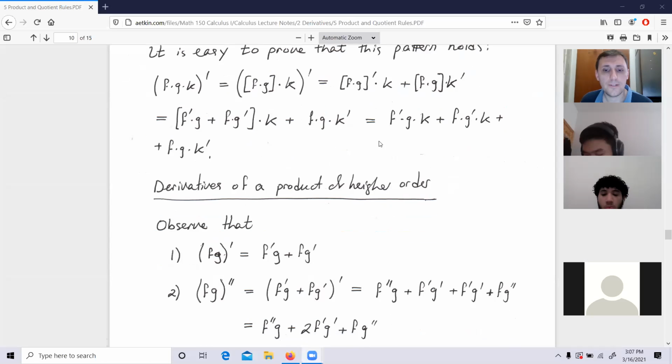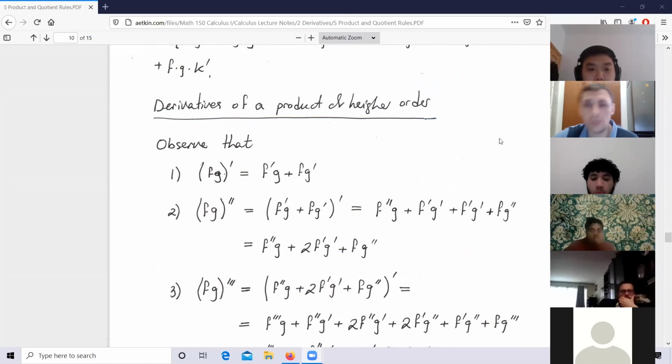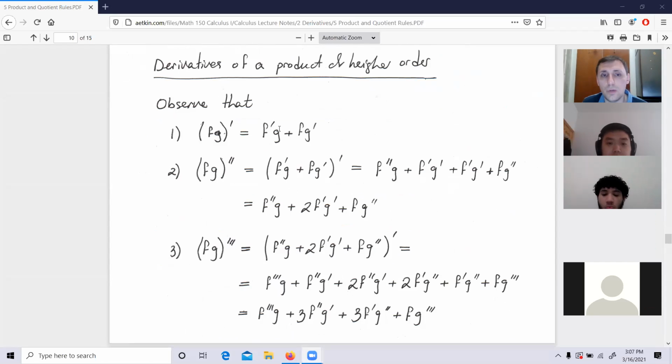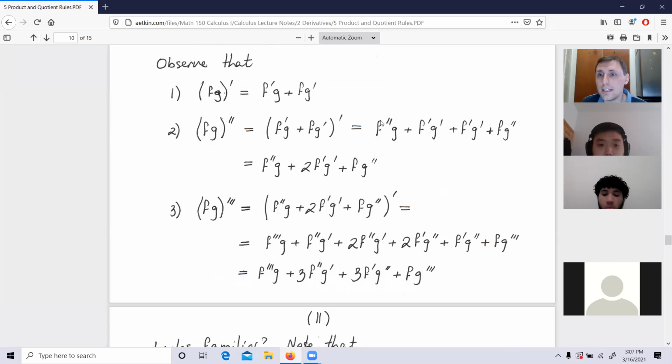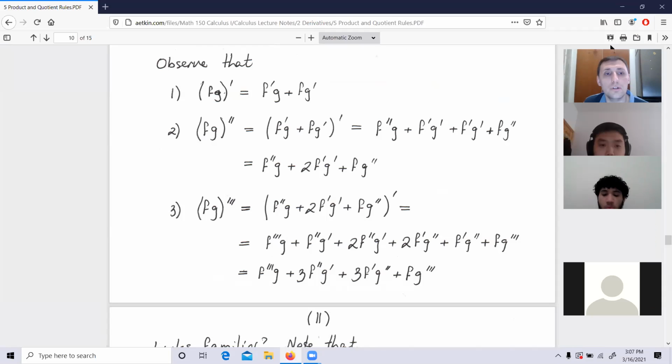All right. So another interesting observation, guys, is how derivatives behave under higher order. Suppose you wanted to take the derivative of f times g once. That's f prime g plus f g prime. Now let's see what happens if I take the derivative of f times g twice. Watch carefully, see if you notice anything. It's the derivative once of f prime g plus f g prime.